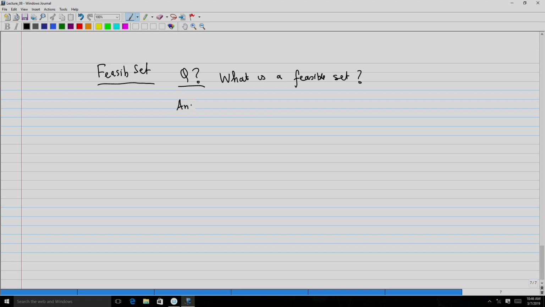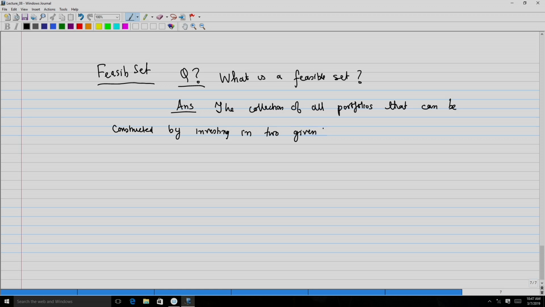The answer is: the collection of all portfolios that can be constructed by investing in two given assets is called the feasible or attainable set.